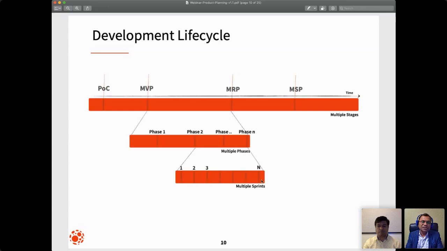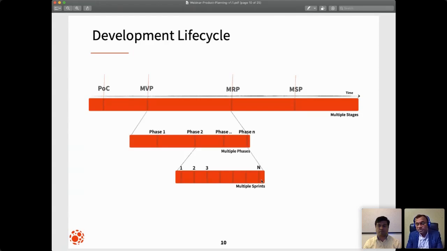So when you are doing the stage level planning at the top red bar, you are more strategic in nature. You involve different stakeholders. And when you move to the phase level, it is more of a combination of strategic and tactical level planning. The higher level stakeholders go away. It involves other stakeholders, the architects and whatnot.